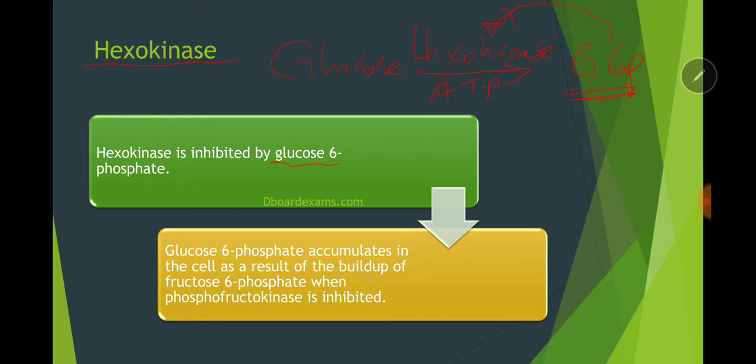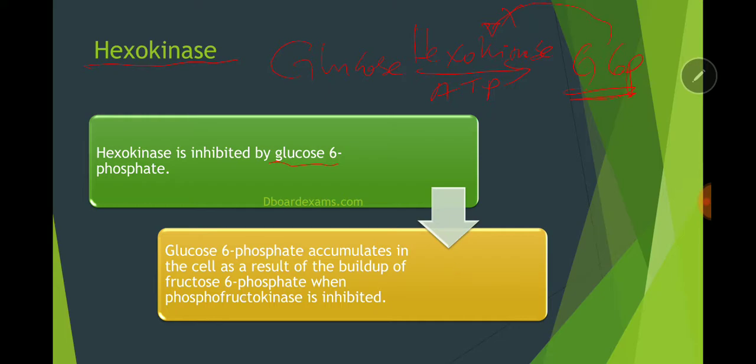So glucose 6 phosphate accumulates in the cell as a result of the building up of fructose 6 phosphate when phosphofructokinase is inhibited. So if you inhibit phosphofructokinase, it means the fructose 6 phosphate is not converted to fructose 1,6 bisphosphate.